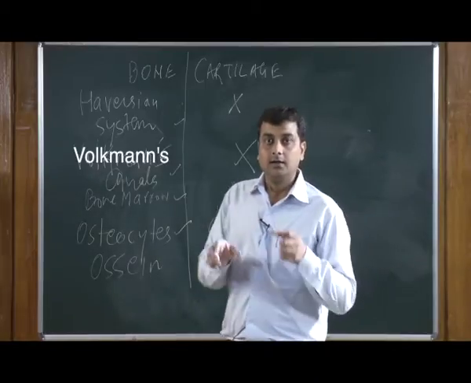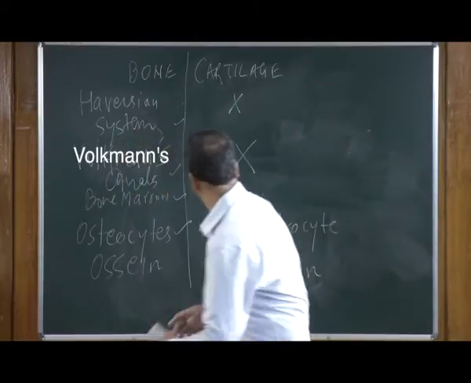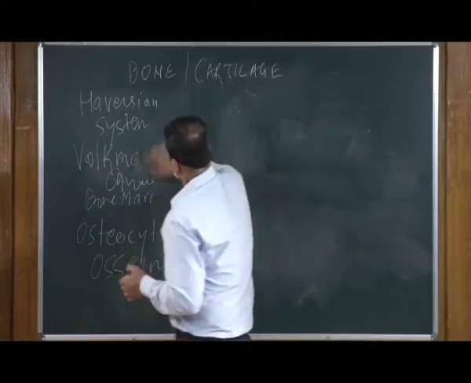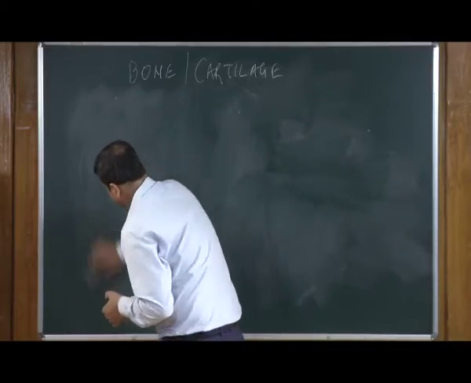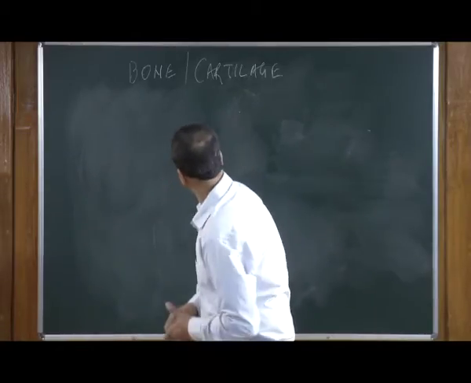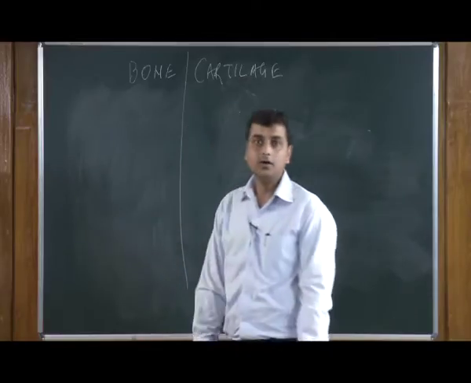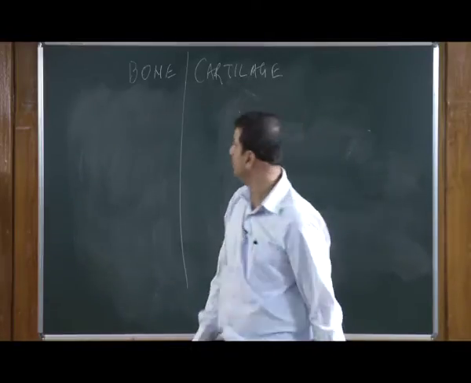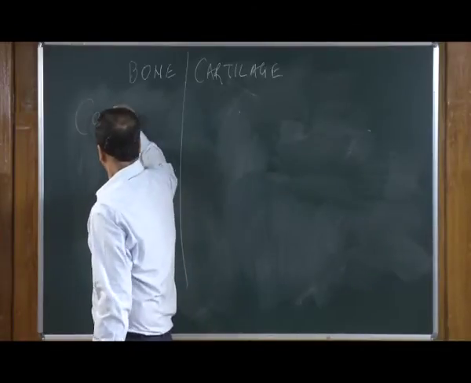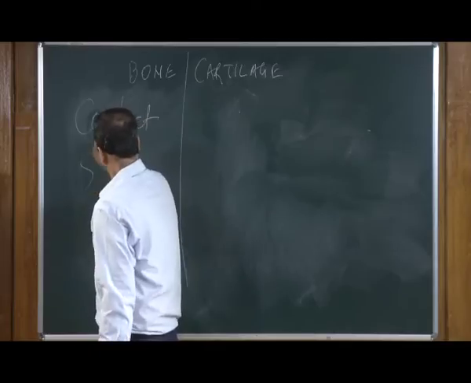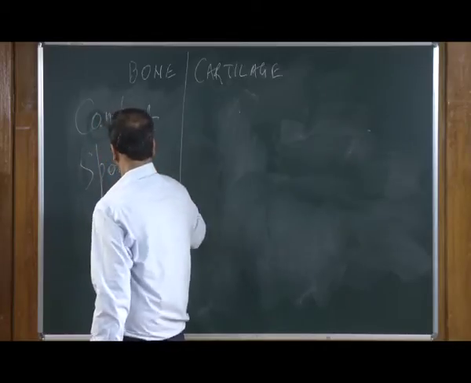Now, let us go through some more parts and see the actual examples of bones and cartilage. There are two kinds of bone: compact bone and spongy bone.